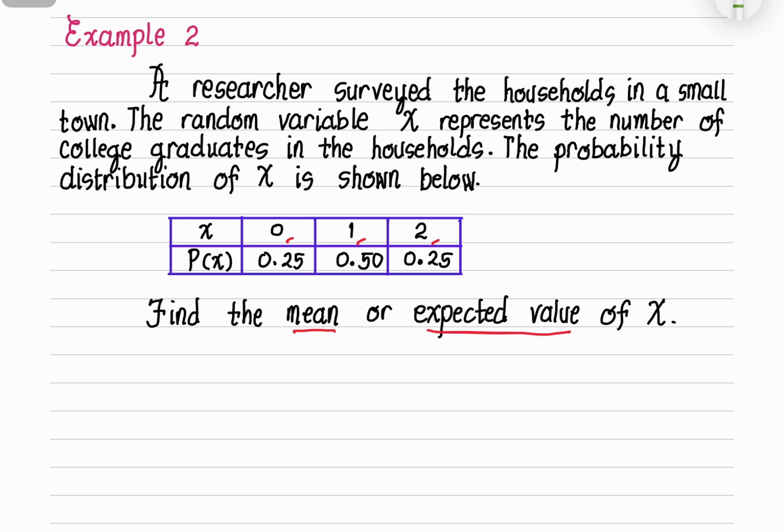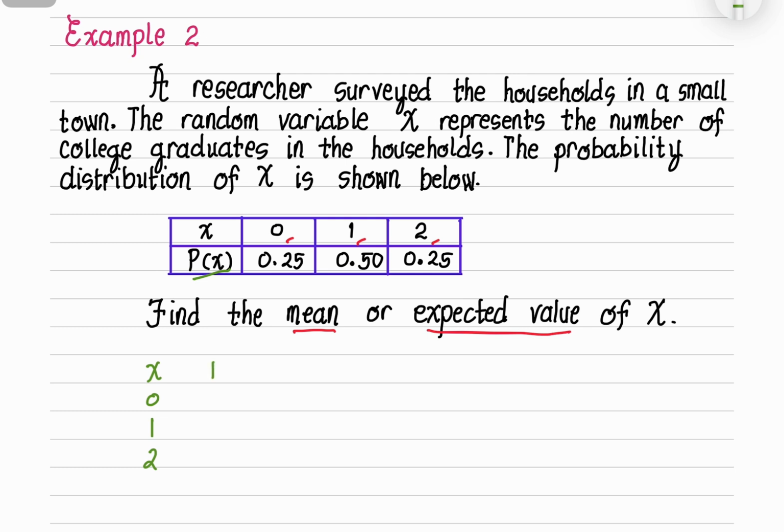So guys, dito, ayusin natin yung table. So we have x. So under x, we have 0, 1, and of course 2, no? Yun yung ating random variable x. And then, with its corresponding probability, ito yung class.